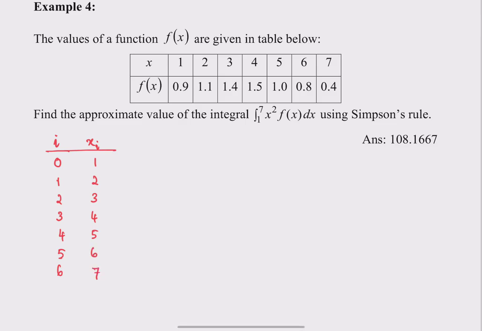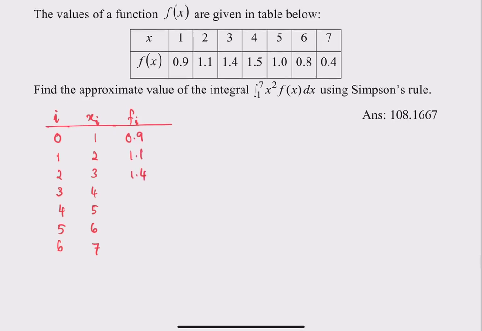And then you also know your fi from the table: 0.9, 1.1, 1.4, 1.5, 1.0, 0.8, 0.4.